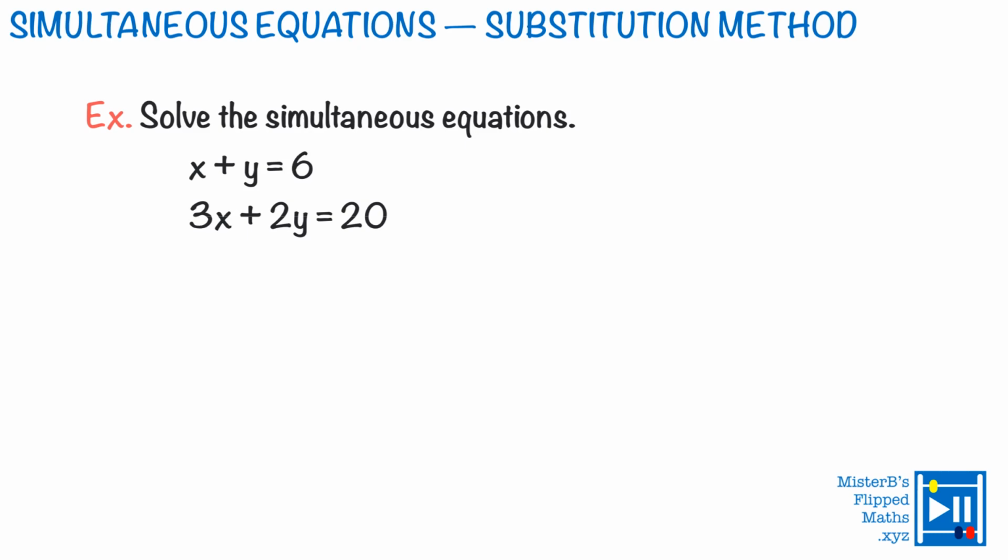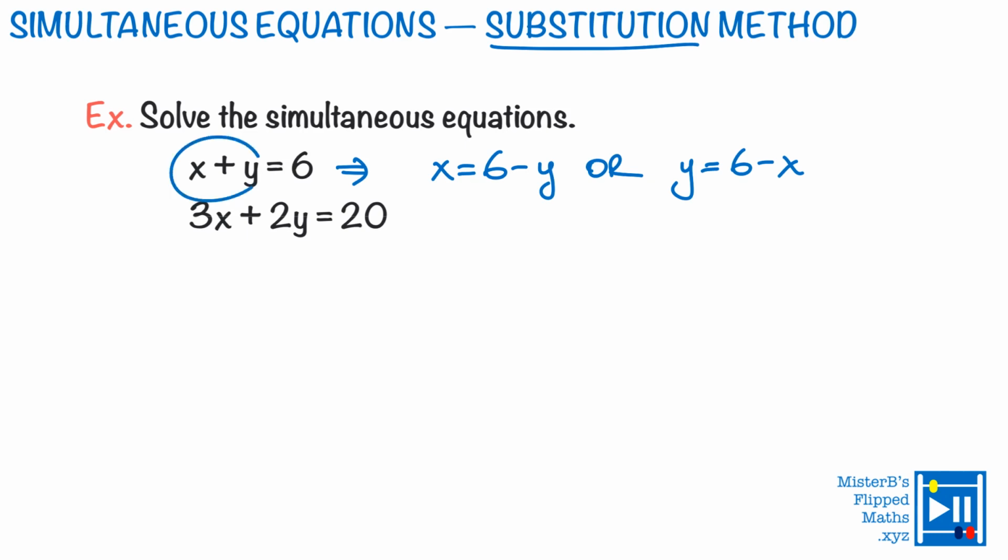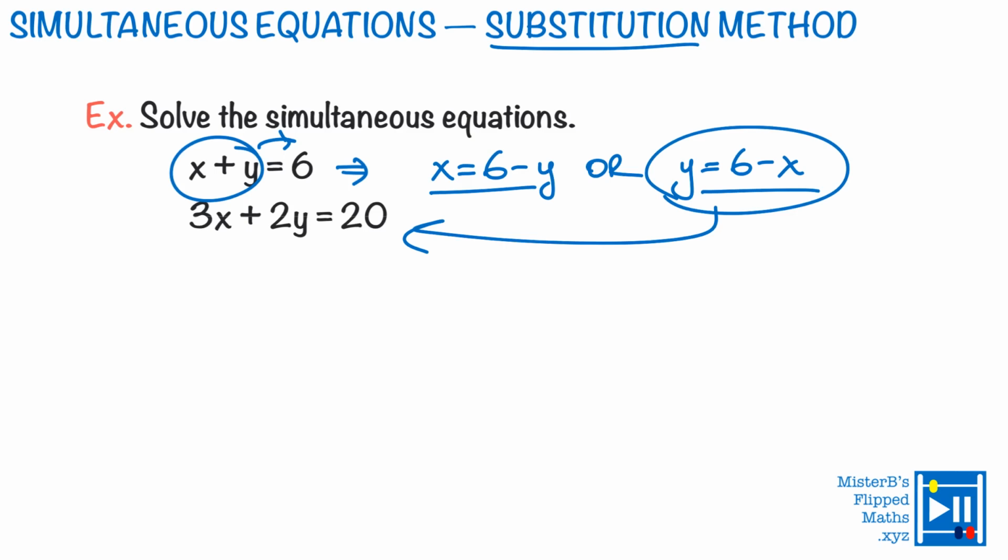But what you can do, if you'd like to use substitution method, is that you can rewrite this equation as either x equals 6 minus y or y equals 6 minus x. So you just get rid of one of the unknowns here, taken to the other side, right? So it doesn't matter which one you pick. Okay, so I'll just pick this one to substitute into the second equation.